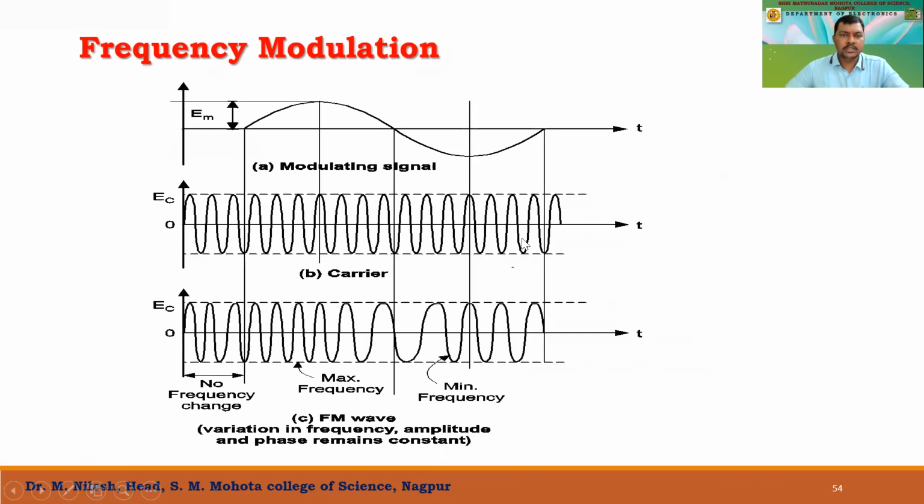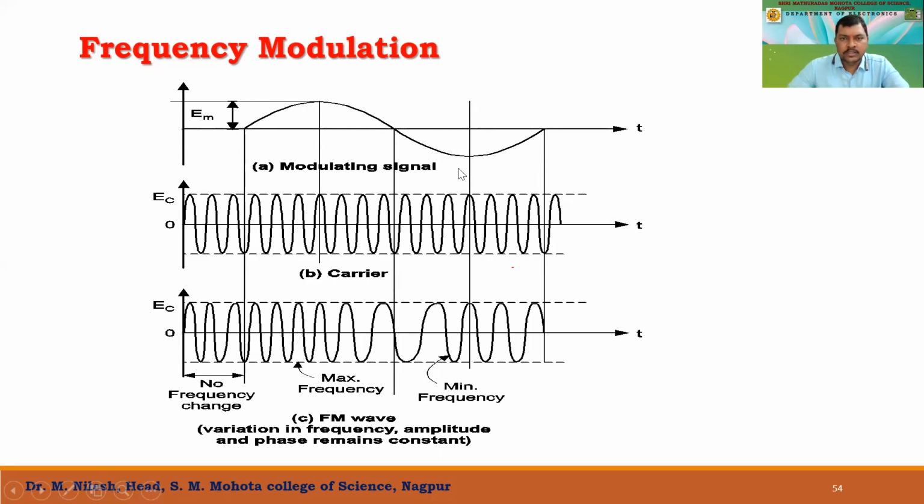We have already studied this, and these are the waveforms. The topmost wave is the modulating signal, and this is the carrier wave, which has a higher frequency. When we superimpose or mix them, we get this change in the frequency. Here it has nearly the same frequency.